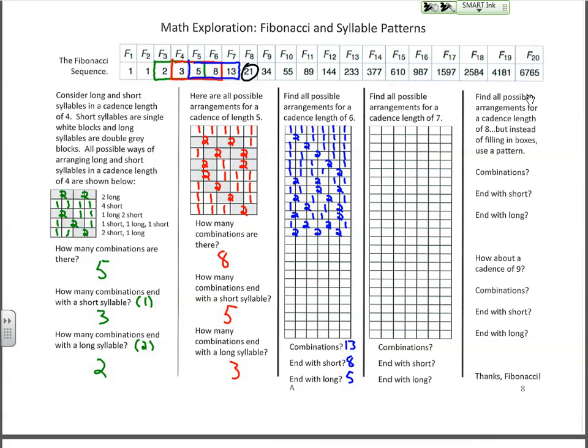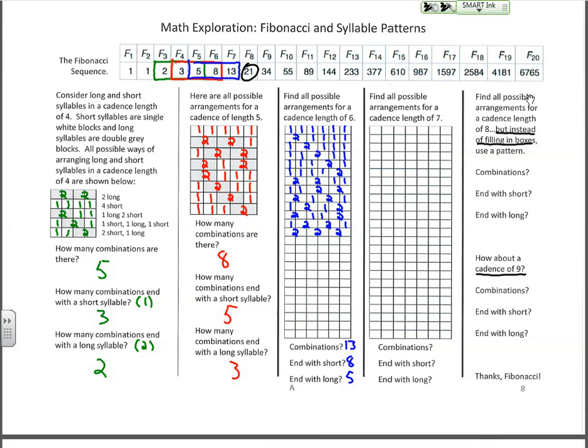You'll find that this gets a little bit tedious as you get higher and higher, which is why, again, the essence of algebra is looking for these patterns, instead of filling in boxes to find the number of combinations that end with a short or a long, or a 1 or a 2, for a sum of 8, we can use the pattern. Instead of filling in boxes for a sum of 9, we can use the pattern. That's ultimately where we want to get to with all this algebra stuff: identifying and using patterns.